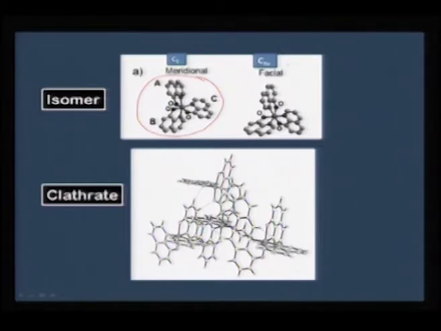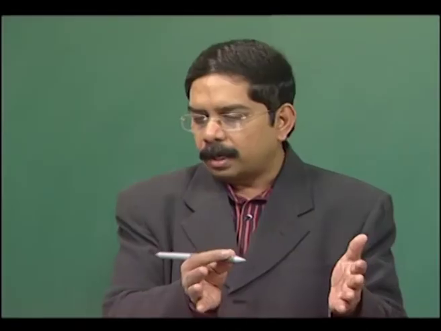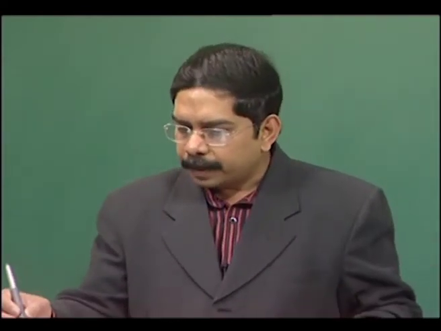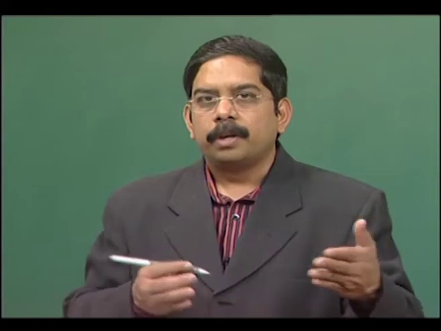If it is a facial isomer with C3V symmetry, then you would see the oxygens placed in a trigonal fashion. So, depending on whether it is meridional or facial, you can try to study its application, and therefore, this gives you flexibility to play around with either of these isomers for a specific application.